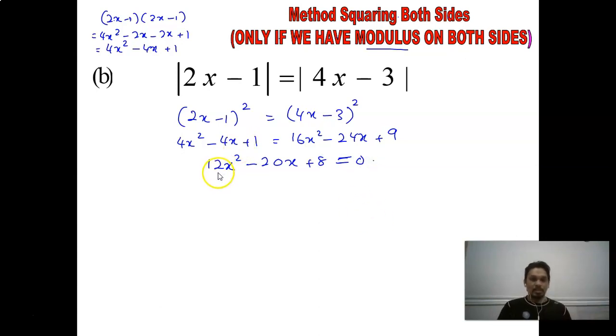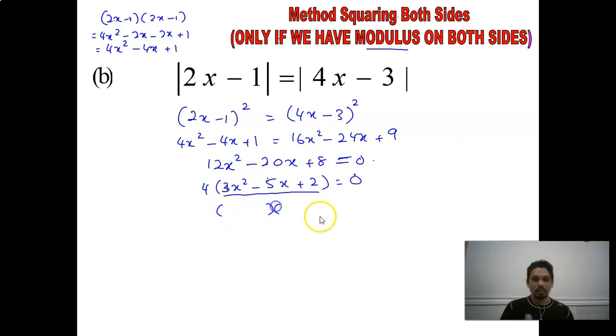Then we factorize 12, 20 and 4. They can all be divided by 4. So 4 times 3x squared minus 5x plus 2. 4 times 3 equals 12, 4 times negative 5 is negative 20, 4 times 2 equals 8. Then we factorize the function inside, which is quadratic.